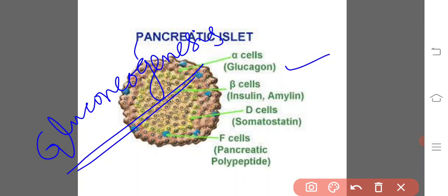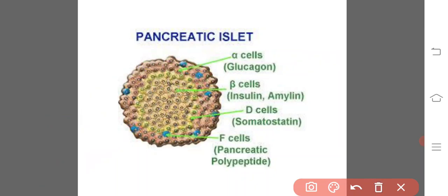The second is gluconeogenesis, the formation of glucose from non-carbohydrate material like amino acids and fatty acids. So these two phenomena contribute to the rise of glucose in the blood. This is the function of the glucagon hormone, which is secreted by alpha cells. Coming to the second one, the beta cells mainly produce insulin.